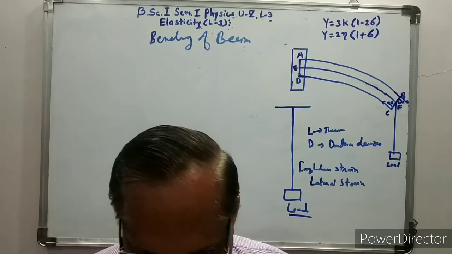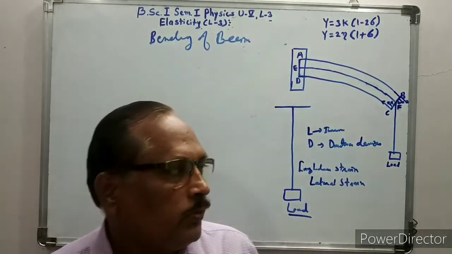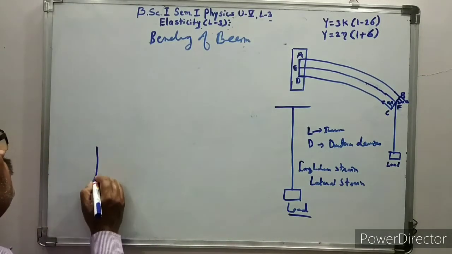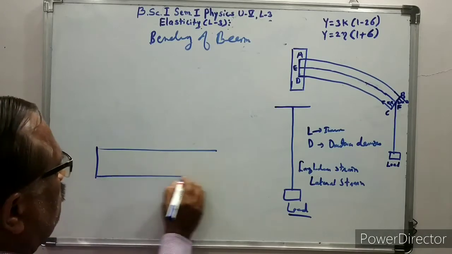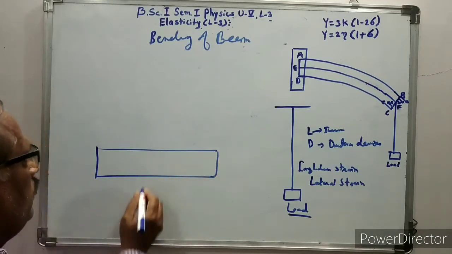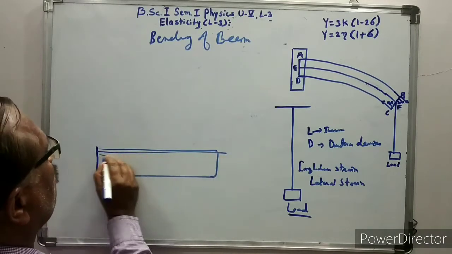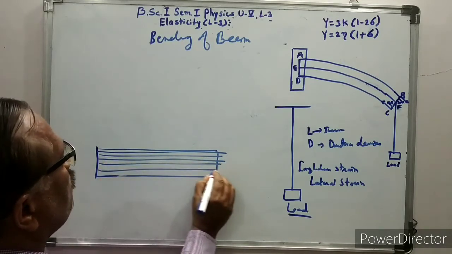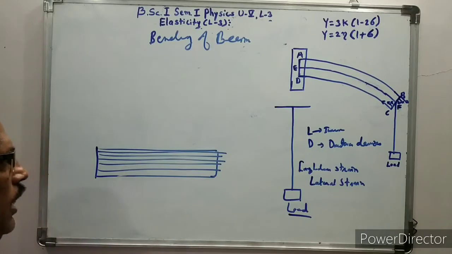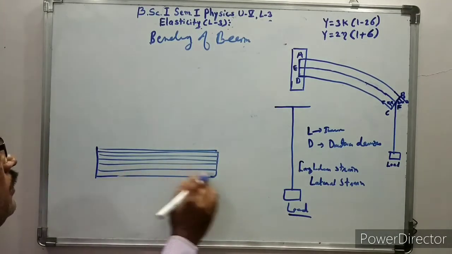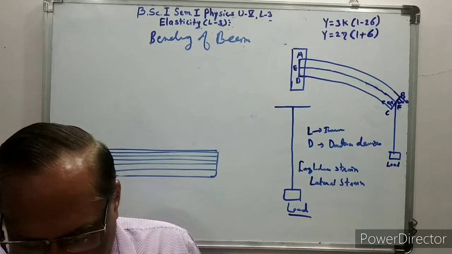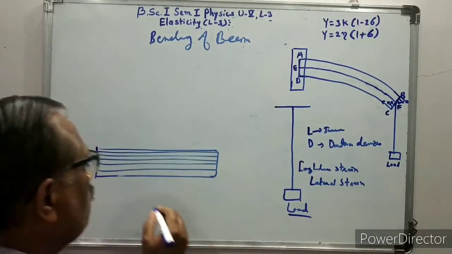A beam may be considered to be made up of a large number of parallel layers. Suppose this is a beam, it is made up of a very large number of parallel layers, and each layer is supposed to be composed of a large number of longitudinal filaments.